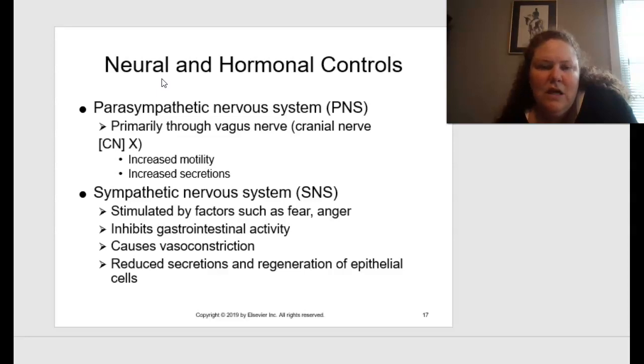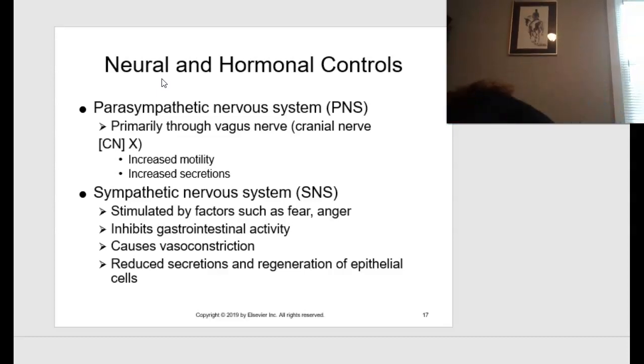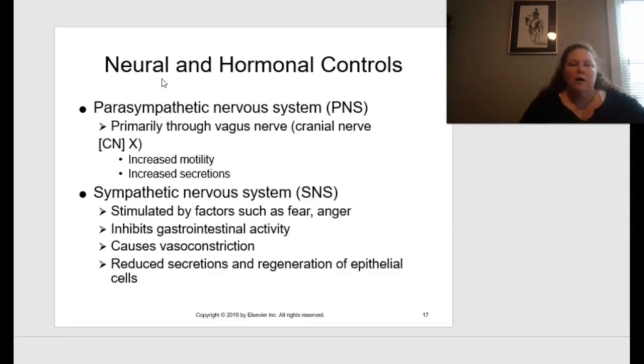In the intestines. The sympathetic nervous system is going to be stimulated by factors such as fear and anger, and this is going to inhibit GI activity, and then it's also going to cause vasoconstriction. And this is also going to cause reduced secretions and regeneration of epithelial cells.